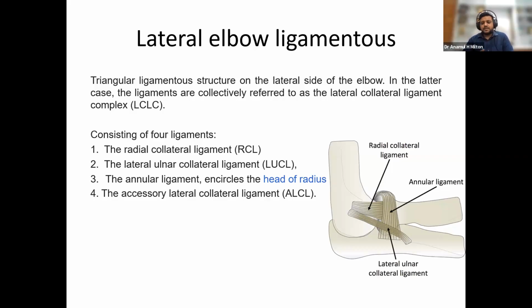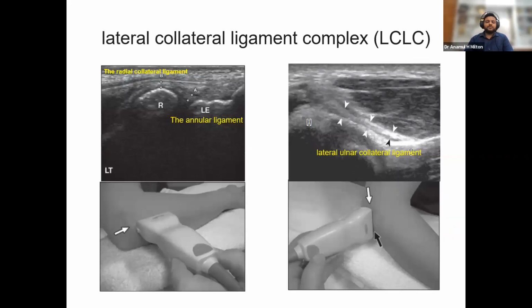This fourth ligament is very important, but the first two are usually affected by injury and commonly show the pathology.